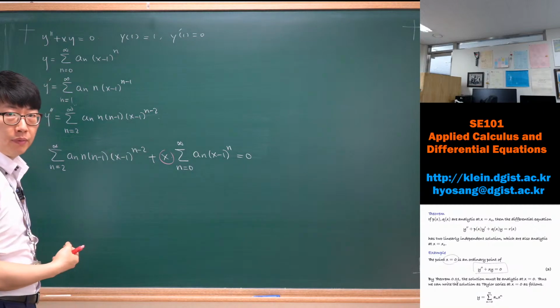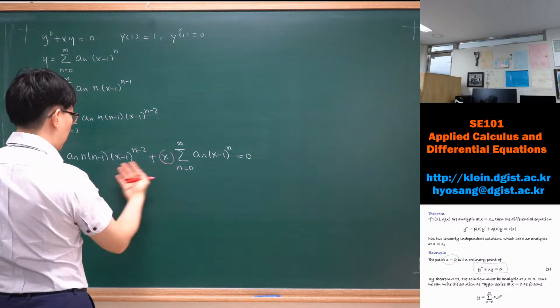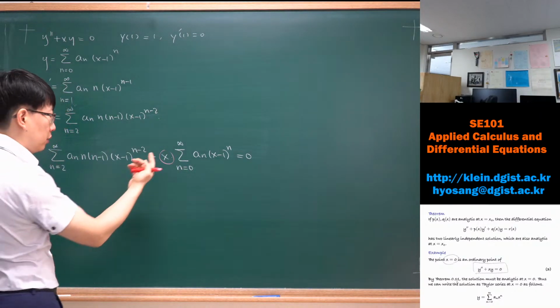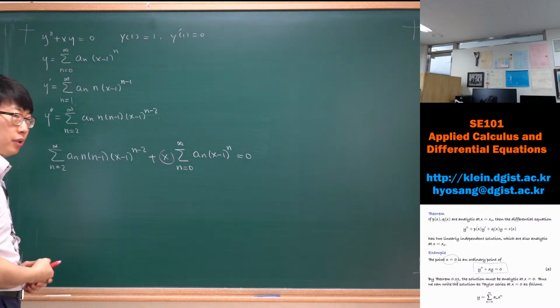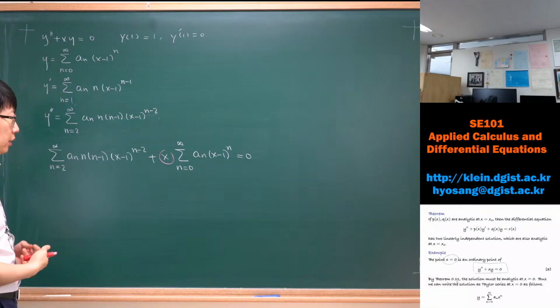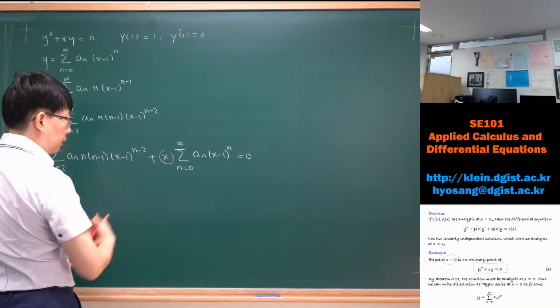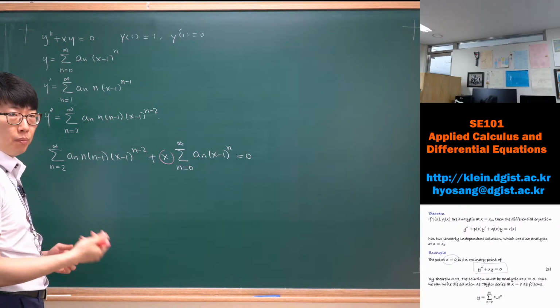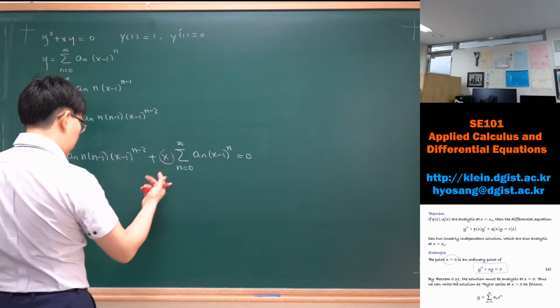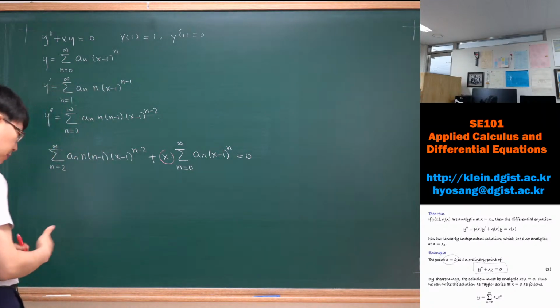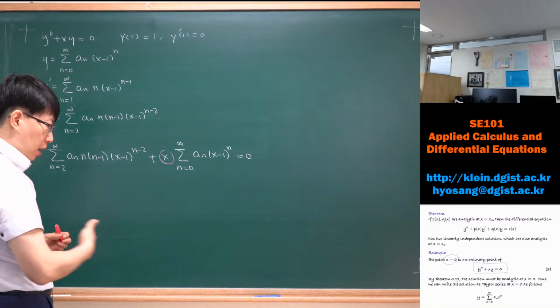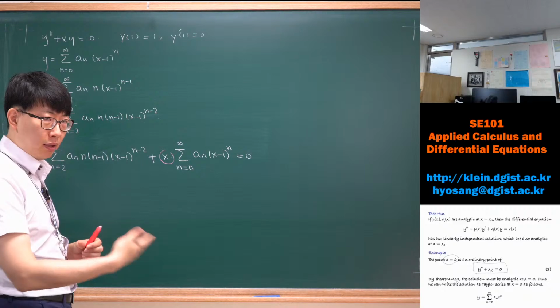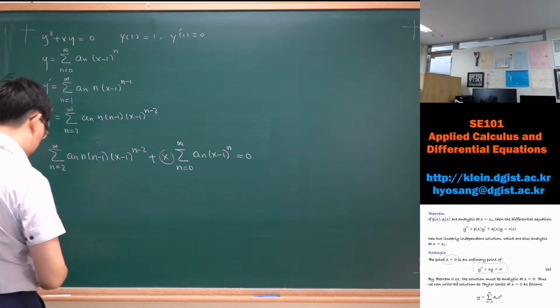But this x is not of the same form. So you cannot compare the coefficients if you keep this x. So I also need to expand this x as a power series in terms of (x minus 1) to the power. Obviously this is a polynomial, so any polynomial can be written as a power series, but that series is not an infinite series, but a finite series.